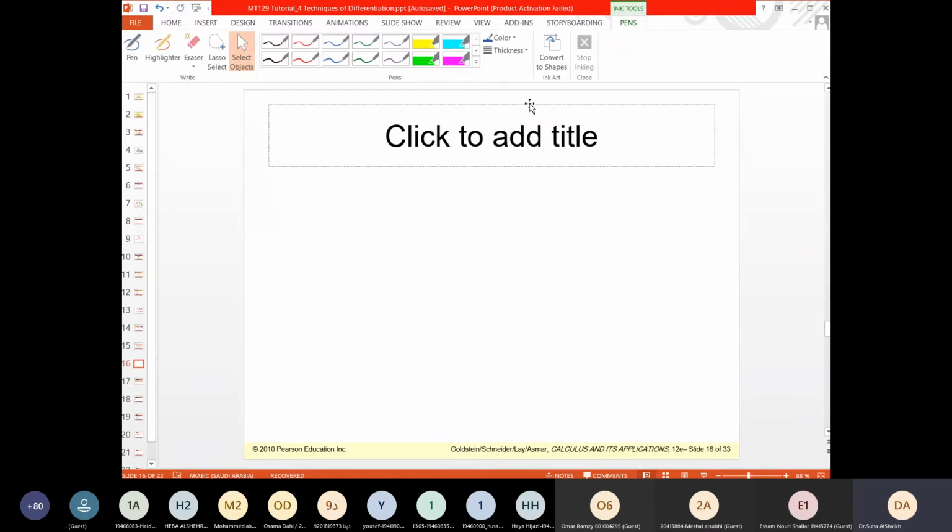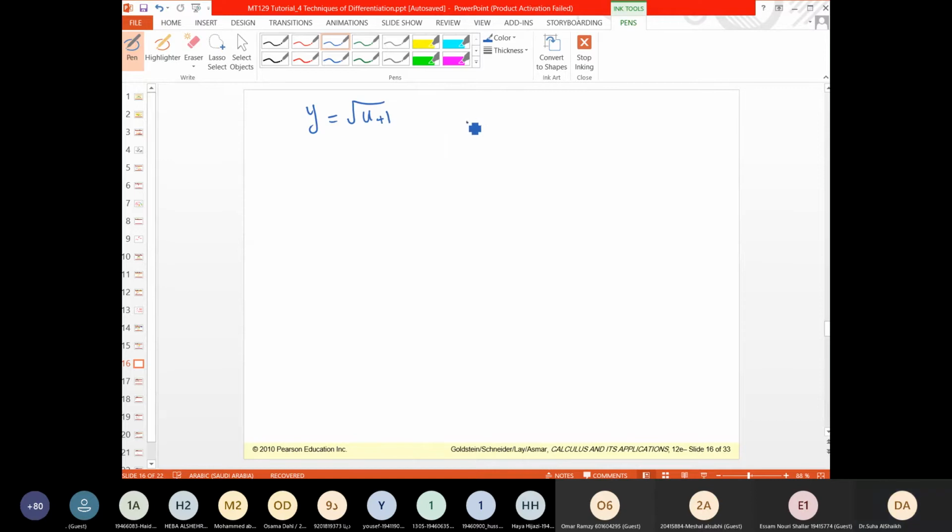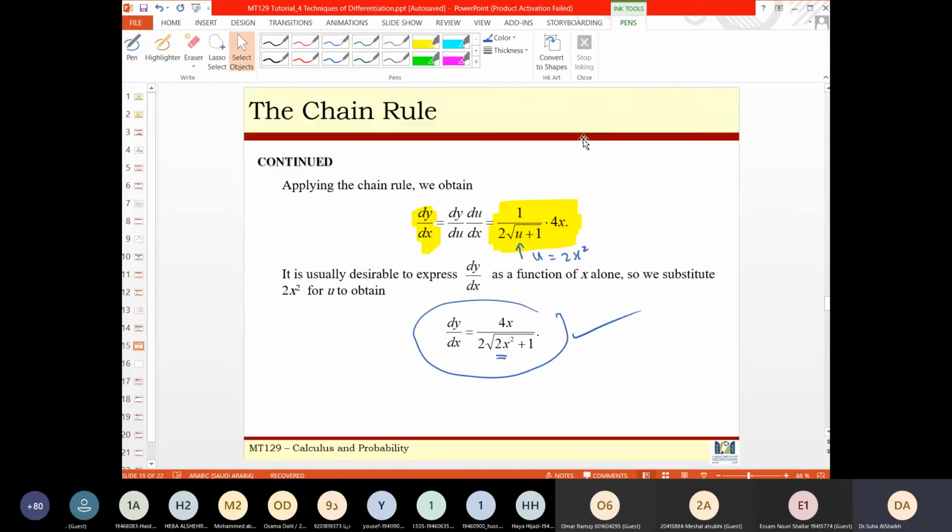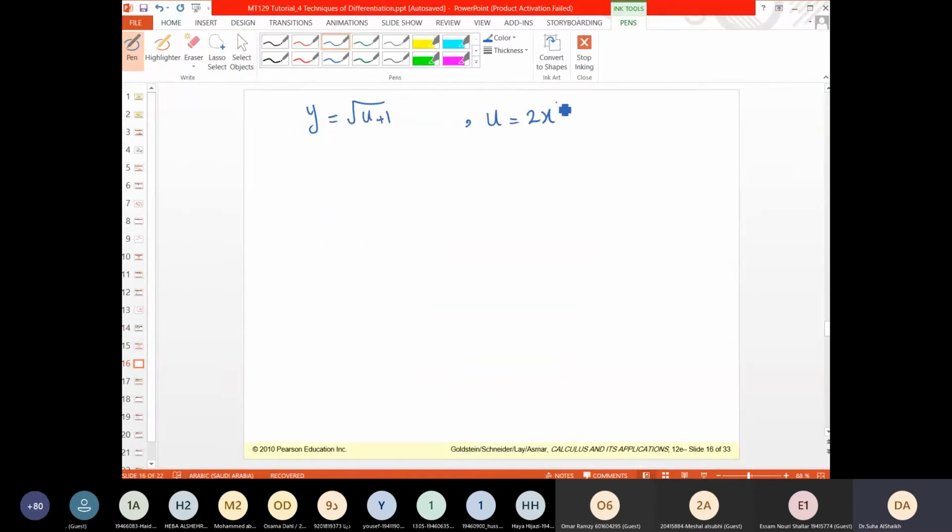I'm gonna do it again. Now we are facing a problem with this. This is the root of u plus 1. Well, u is 2x squared, correct? Okay? The question is find me dy by dx.